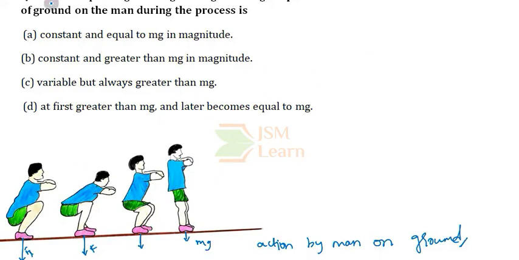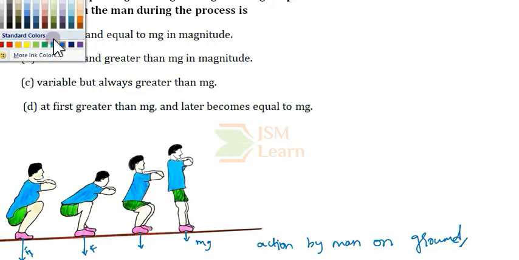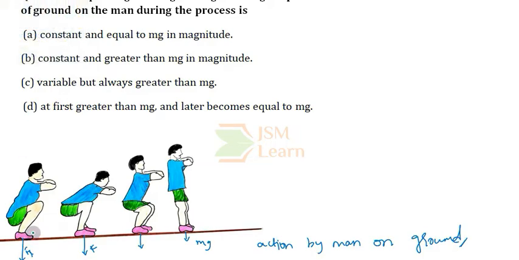Let us indicate with different colors so that it is easy for you to understand. The reaction force was exerted by the ground. When the man acted with some force, the reaction force also acted on the man. This reaction force is by the ground on the man.